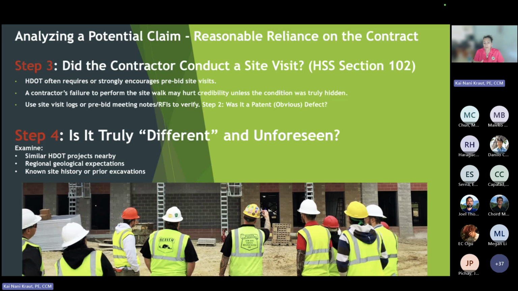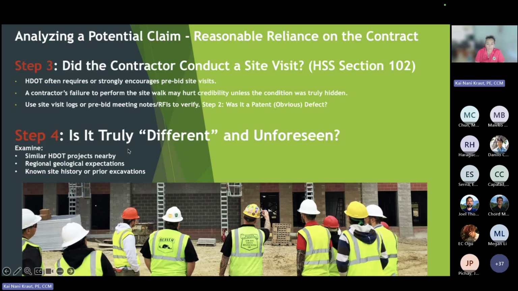So if you go there and it's kind of obvious, then that's not a material difference and it's not a differing site condition. Again, if we have pre-bid meetings, using the logs and the RFIs to verify that that actually happened. And then in step 2, was it patent? Was it obvious? Could you see that the situation existed?